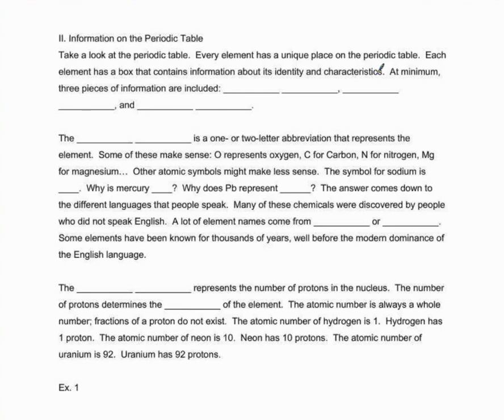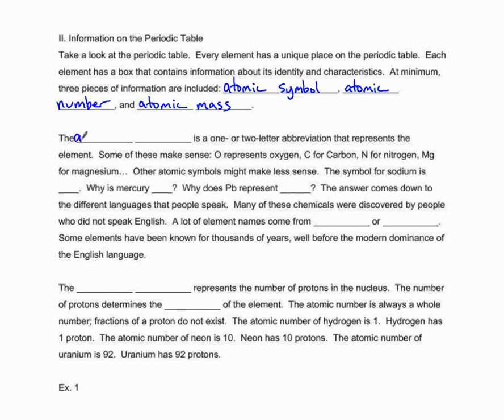At minimum, you'll find 3 pieces of information: the atomic symbol, the atomic number, and the atomic mass. Any periodic table should have these 3 pieces of information at minimum for any given element.